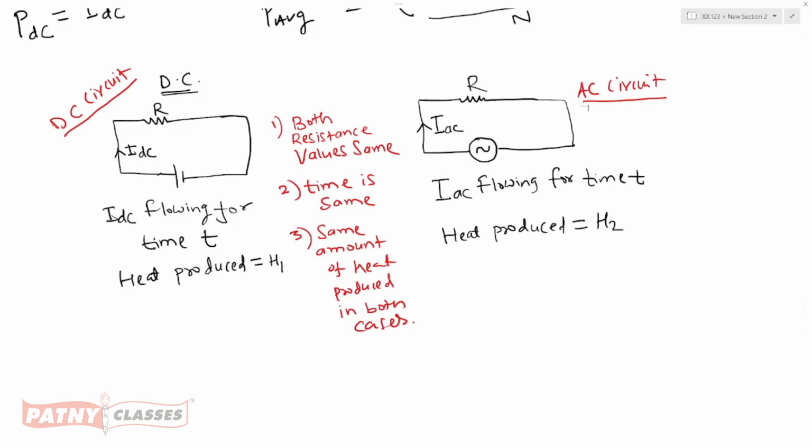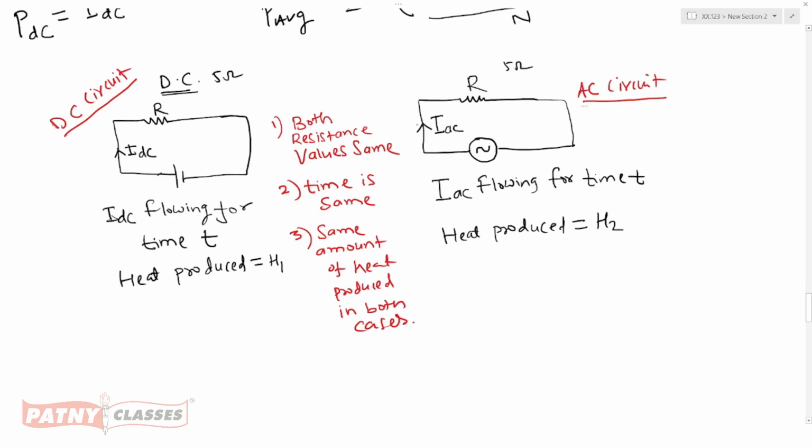Now consider two cases. Left side we got a DC circuit and right side we got AC circuit. In both cases, a resistor R is connected across the supply, and in both circuits the resistor value is same. Suppose on the left side it is 5 ohms, then right side is also 5 ohms.